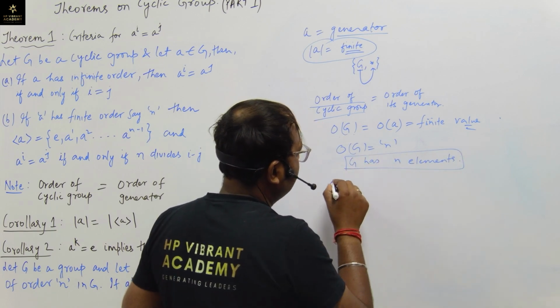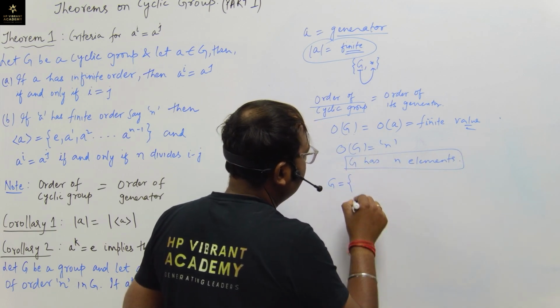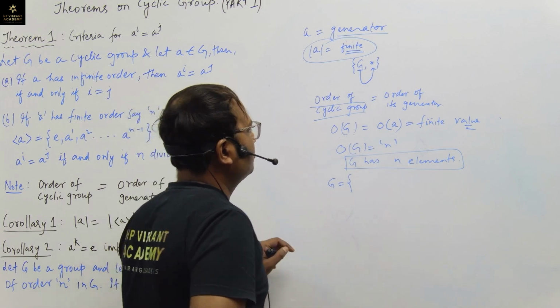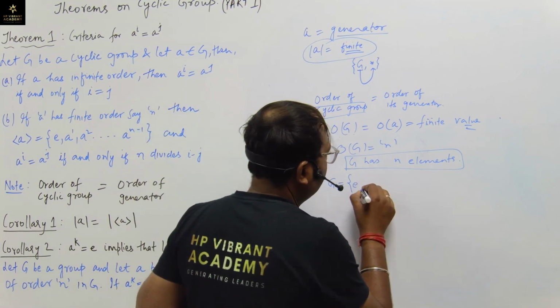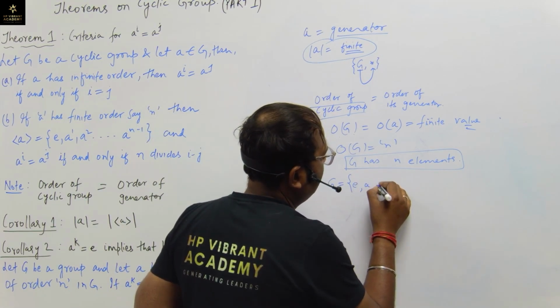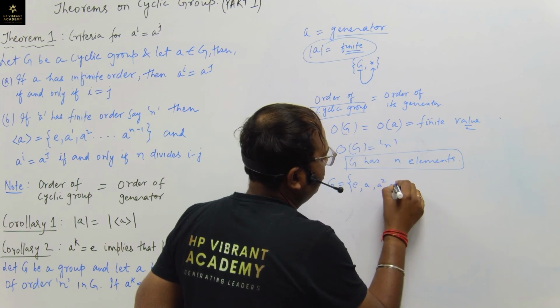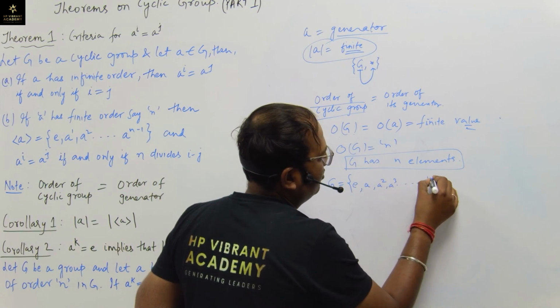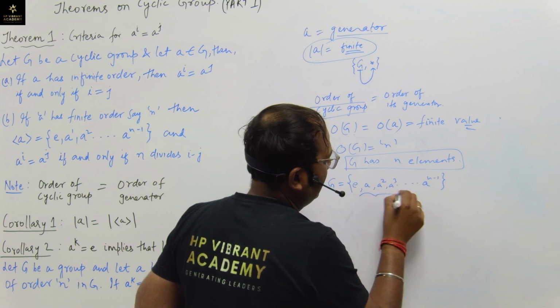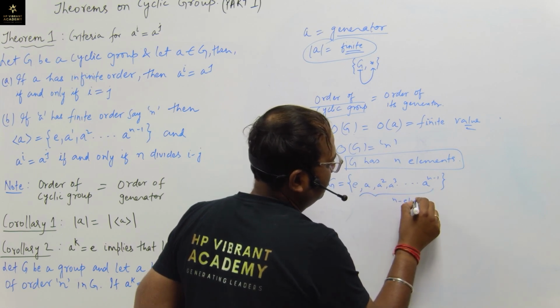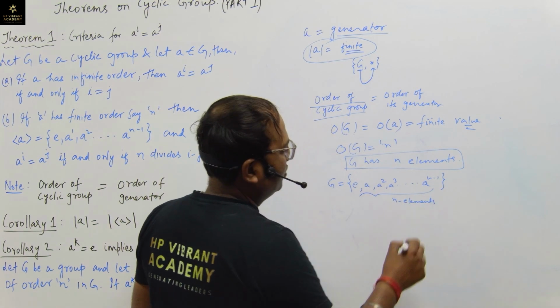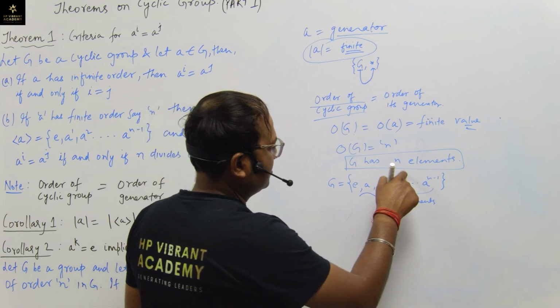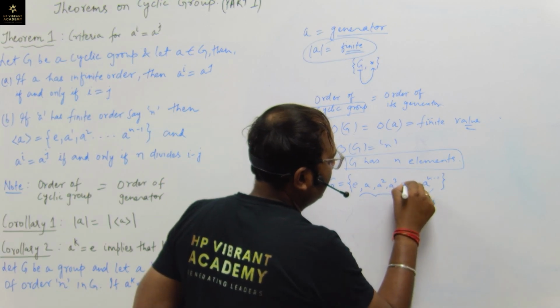So we can represent G as, since G is a group, there must be an identity element, and rest of the elements are a to the power square, a cube, up to a to the power n minus 1, because we have n elements. Okay, so let us take two elements, a^i and a^j.